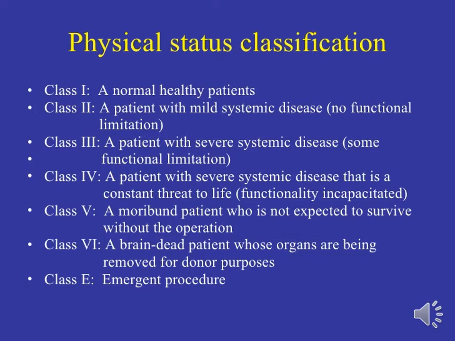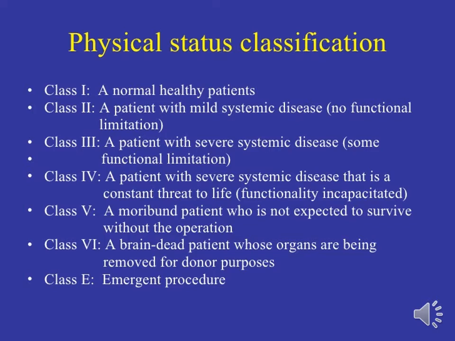Class 3, a patient with severe systemic disease, some functional limitation. There are some limitations and you give pre-medication. For example, a hypertensive or diabetic patient. You must give some pre-medication to control the blood pressure and the glucose and then do the operation.